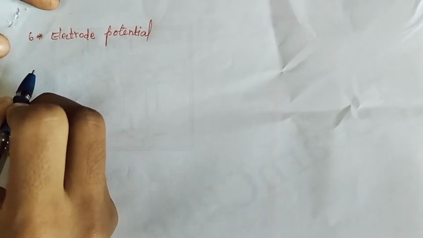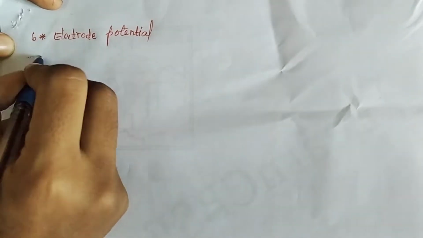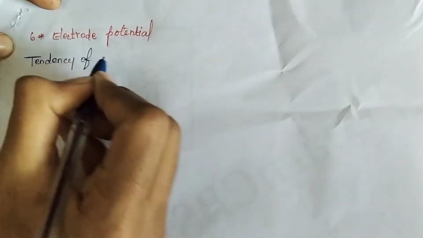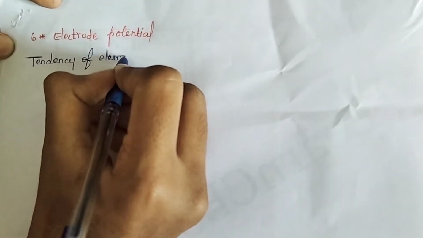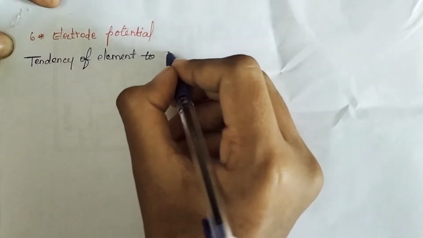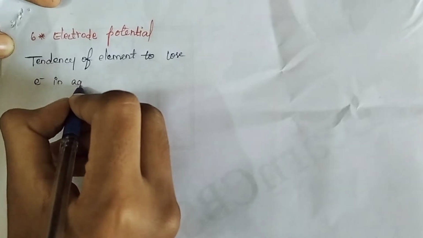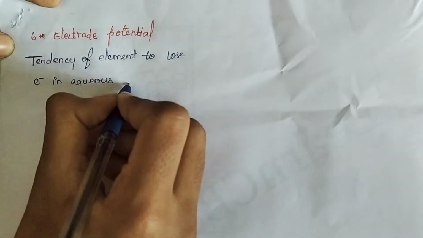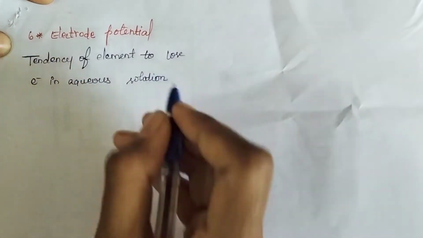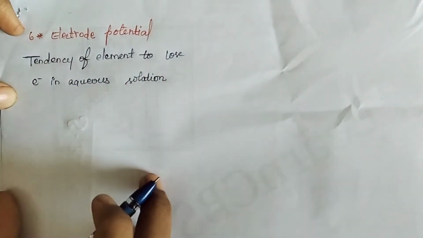Tendency of a particular element to lose electrons in aqueous solution. Are you clear? Now we know about electrode potential. This is the definition for this.